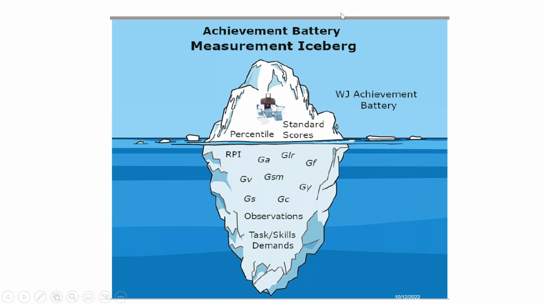So as I mentioned here, we've got our Woodcock-Johnson achievement battery here at the top. And let's take the example of applied problems. So when we think about applied problems, at the surface level, it requires the achievement area of math calculation, and it also requires the student to be able to conduct math problem solving, okay?